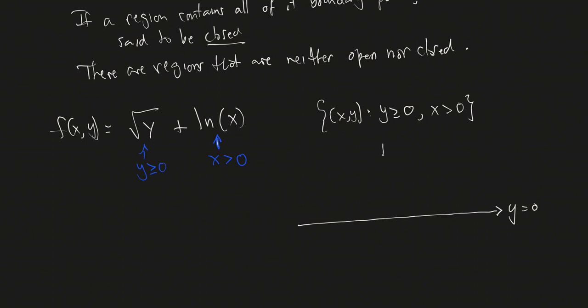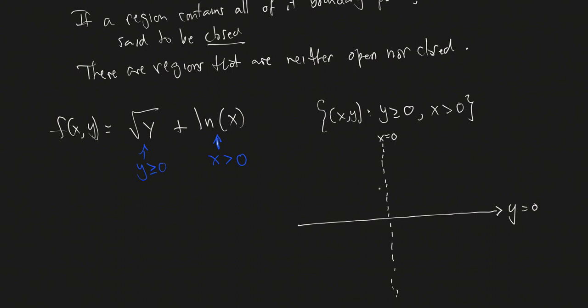So this is the vertical line x equals 0, but it's not included because this is saying that x has to be strictly greater than 0.